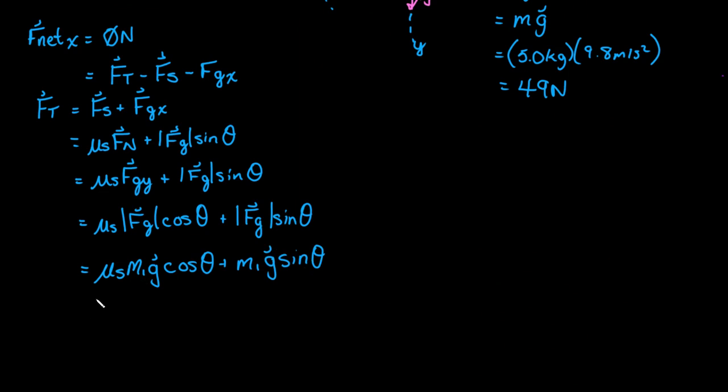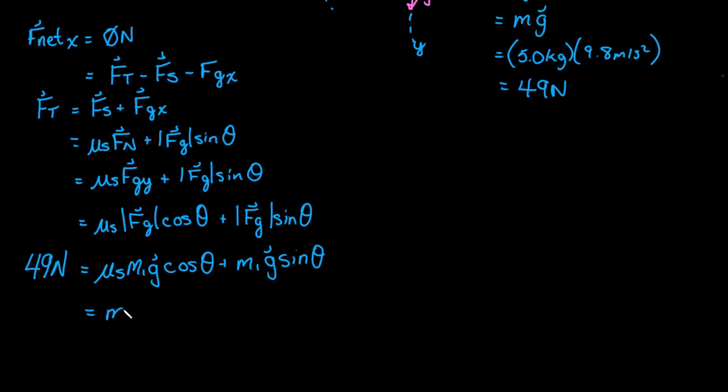Just like we did last time, remember, we know what the force of tension is. We know that the force of tension is 49 newtons. We've already solved for that. We know the coefficient. We know the angle. We know gravity. So we just need to solve for M1 now.